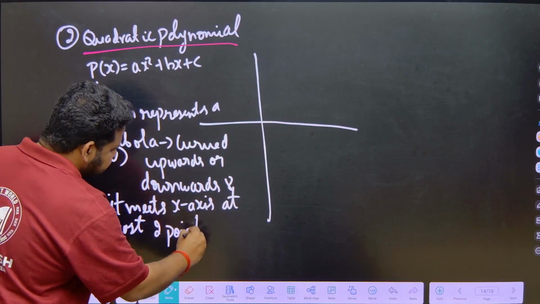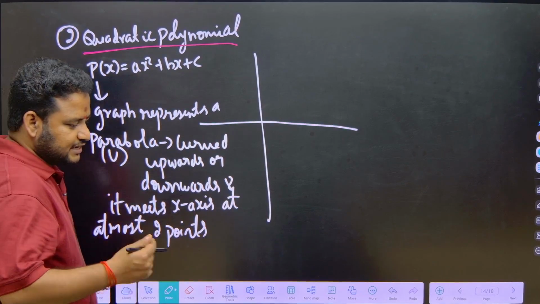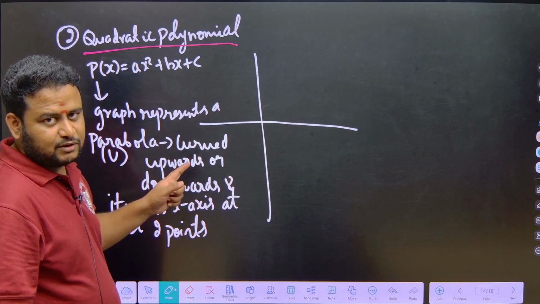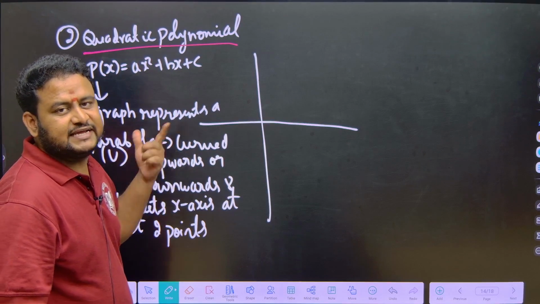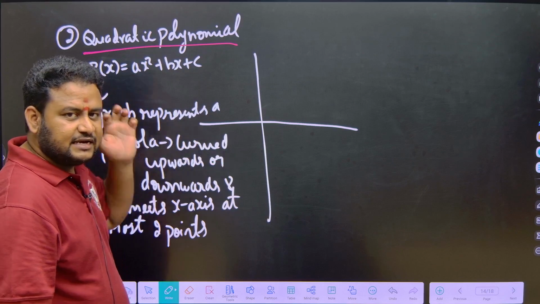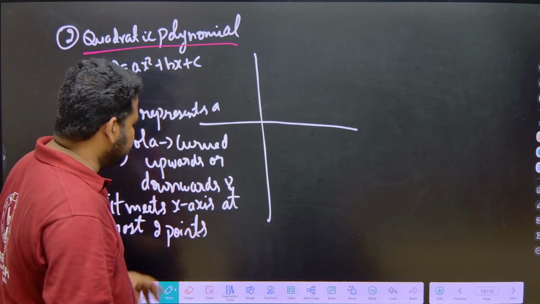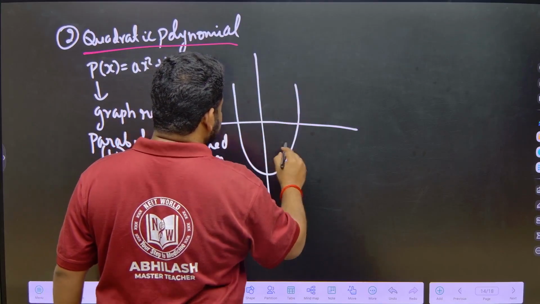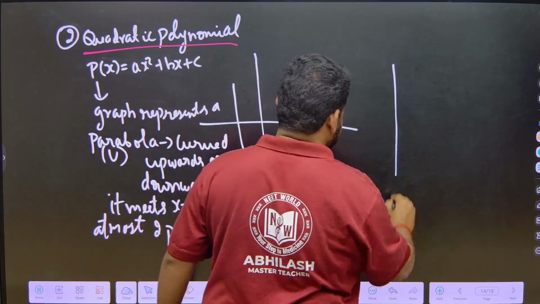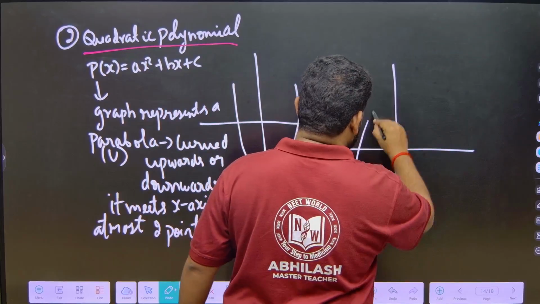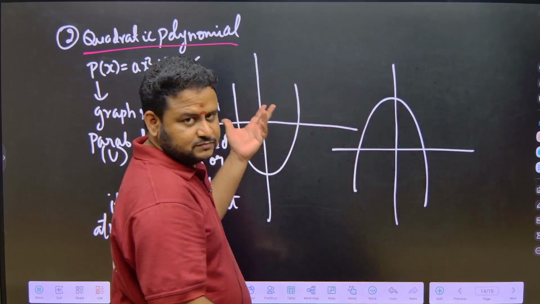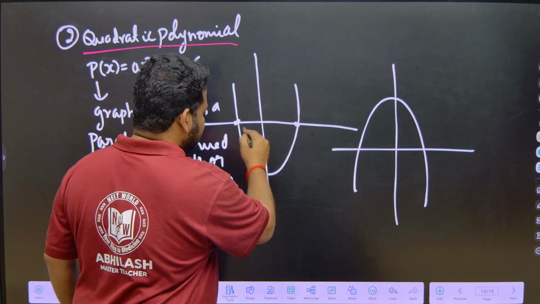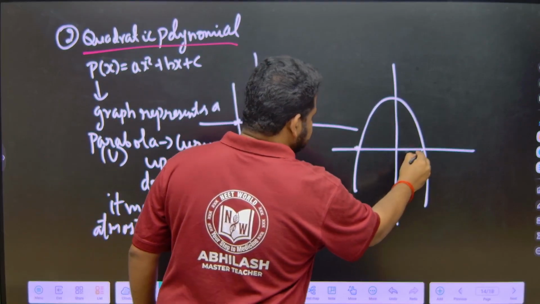Because sometimes the zeros can be equal, because you can get x equal to 4 and 4 as 2 zeros. There it meets at exactly 1 point, but the zeros are 2, but they are equal. So that's why here it is at most 2 points. So the graph can be like this, or the graph can be like this also, curved downwards, curved upwards. Here it is meeting at 1 point, here also meeting at 1 point, 2 points.